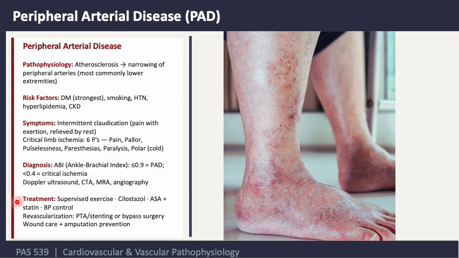If it's less than 0.4, that's critical ischemia. You can also do Dopplers, CTAs, and angiography. Treatment is usually supervised exercise, but you do have some medications that can help: aspirin, statins, cilostazol, and blood pressure control.